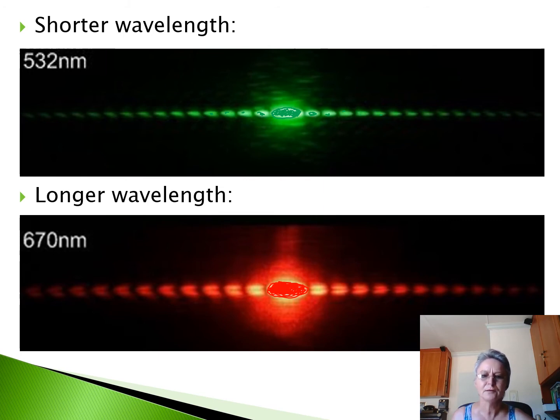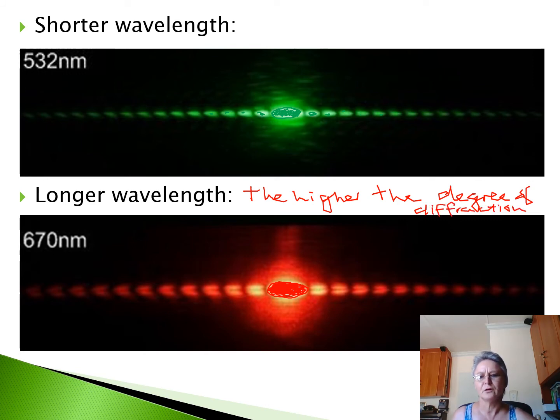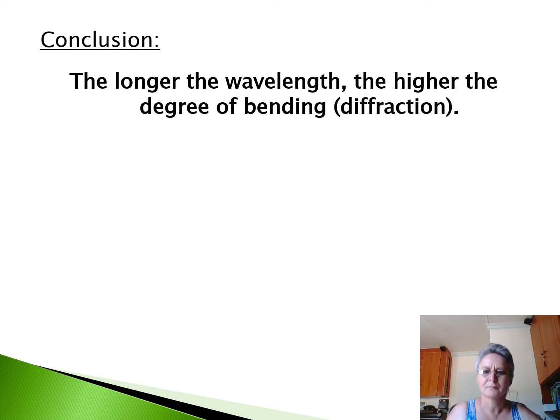The longer the wavelength, the higher the degree of diffraction. So they are directly proportional. The degree of diffraction is directly proportional to the wavelength of the waves. So to conclude, the longer the wavelength, the higher the degree of bending or diffraction or spreading out of light.